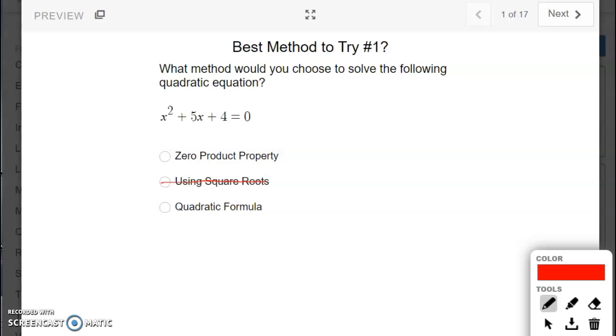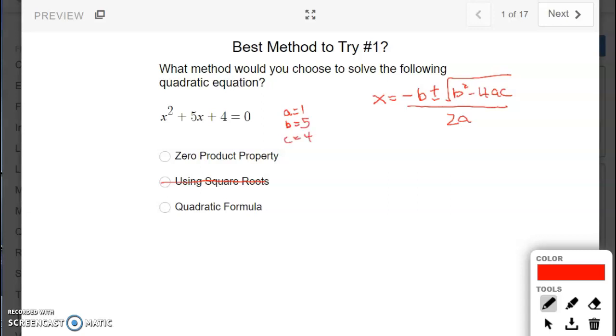Let's see what would happen if I use quadratic formula. Quadratic formula says x is equal to negative b plus or minus square root of b squared minus 4ac all over 2a. And this tells me that a is the number in front of the x squared, and so a is going to be equal to 1. b is the number in front of the x term, which is 5, and c is 4.